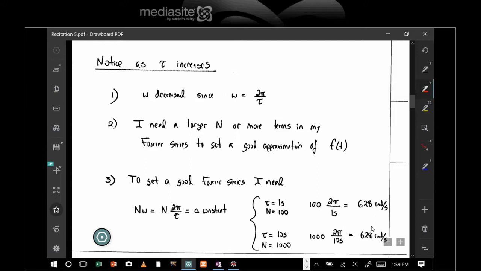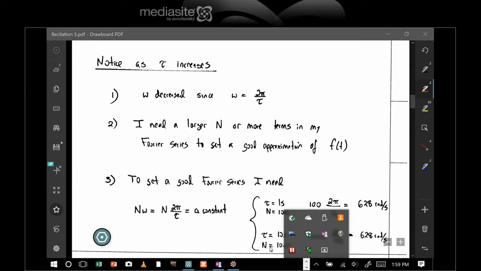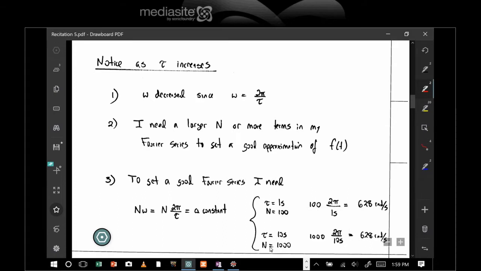So I need the same spectral window in order to get a good Fourier series representation. Now, what we're showing here is the behavior of the Fourier series as tau gets bigger and bigger. That's important. So you saw that behavior.